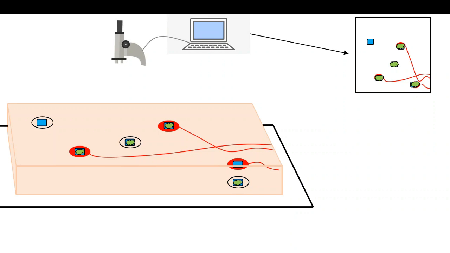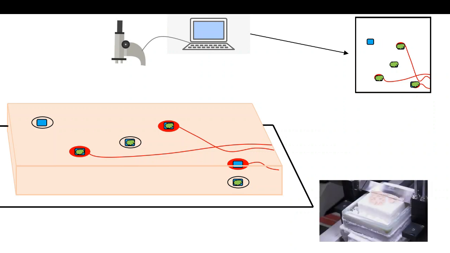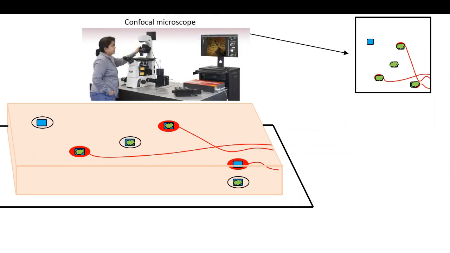So what could we do to avoid this problem? Well, one thing we could do is to make really thin sections of the brain. Then we would only get pictures from a single thin plane and we would not get overlapping cells. However, that is extremely difficult to do because these sections are already very, very thin. Instead, we can use something called a confocal microscope, which is an advanced microscope that is able to do something called optical sectioning.